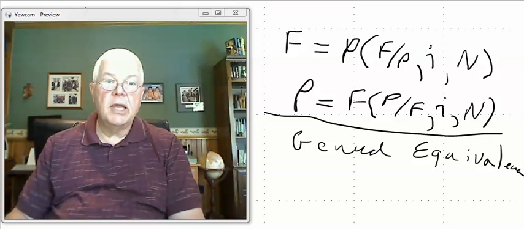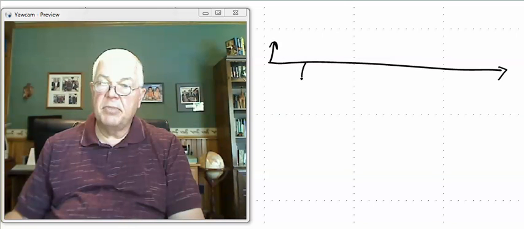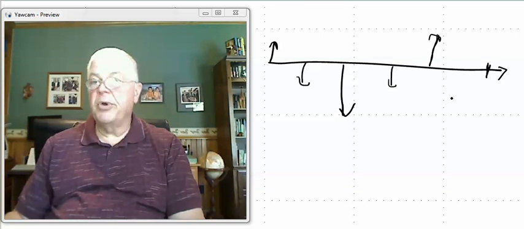And so the idea that we're really headed towards is, well, here's my cash flow diagram. It's going along. And let's say I have a little bit of money I got there, and then I paid some here, and then I paid a lot here, then I paid almost nothing here, and then I got a bunch here, and here is my end point.